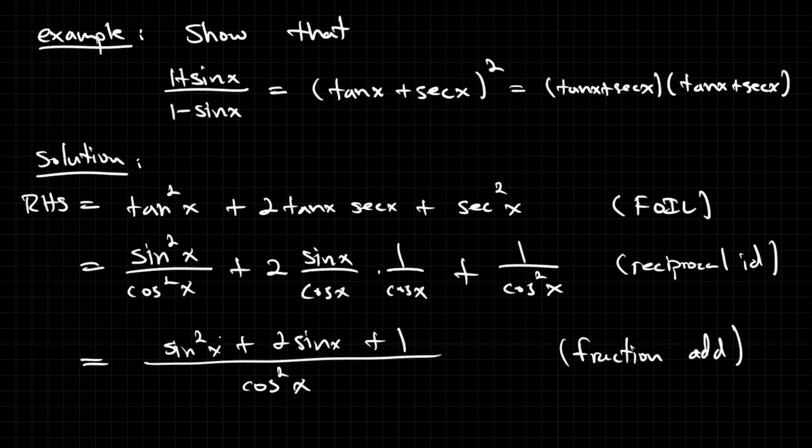And now, what am I going to do with this? I think I can apply some algebra skills here. So I see sin squared x plus 2 sin x plus 1 in the numerator. Now, what if you had seen w squared plus 2w plus 1 in the numerator? Well, you could factor this, right? This would just be (w + 1) squared.